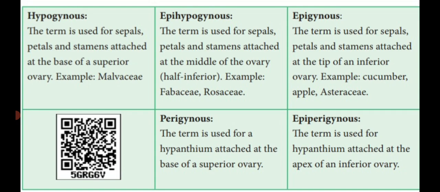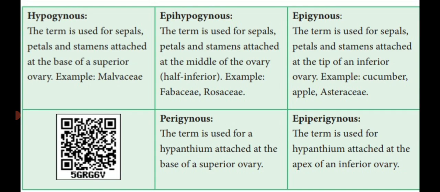That means a flower with half inferior ovary is known as perigynous flower. So these are all the different types of flower based upon the position of the ovary. Hypogynous, superior ovary; epigynous, inferior ovary; perigynous, half inferior ovary.